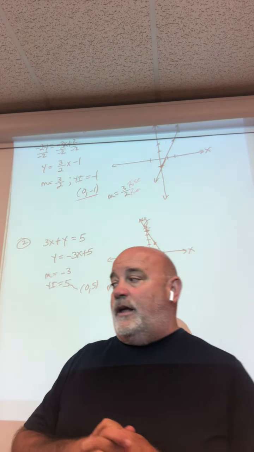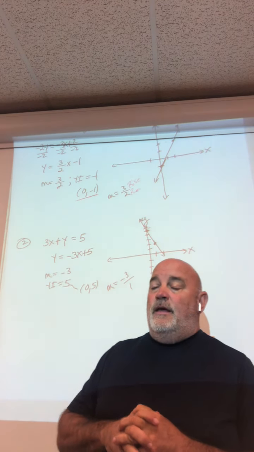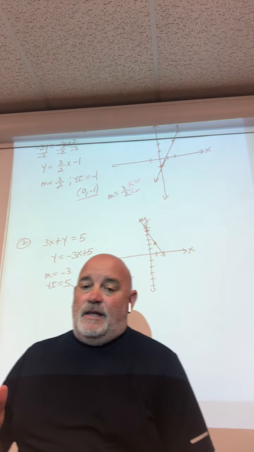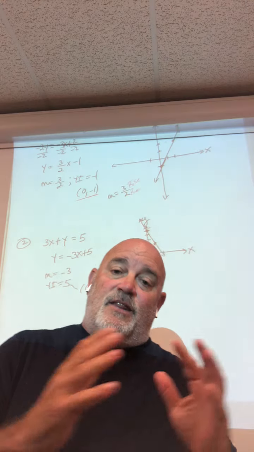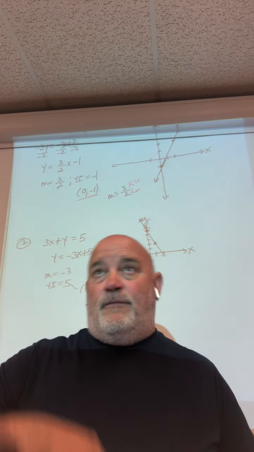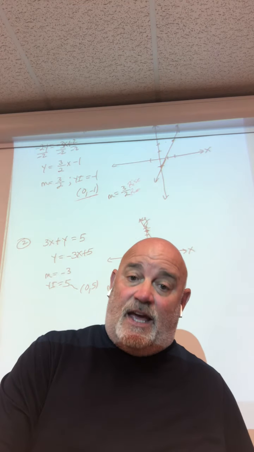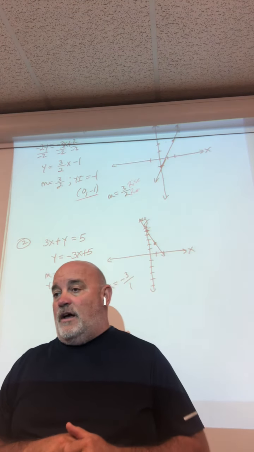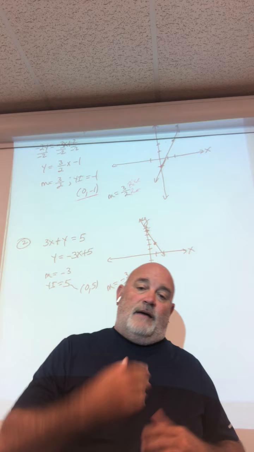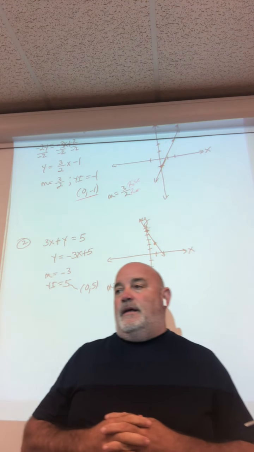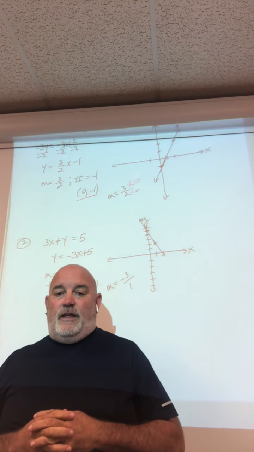Now, when I say looking for the equation of a line, the equation of a line is the thing that has the x's and the y's in it. Or if it's a vertical line, which means it has an undefined slope, it has just an x in it. Or if it's a horizontal line, it'll have just a y in it. But so we're looking for the equation.